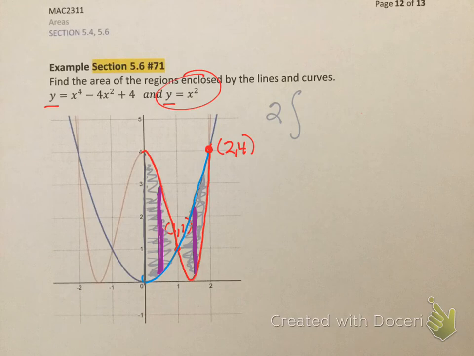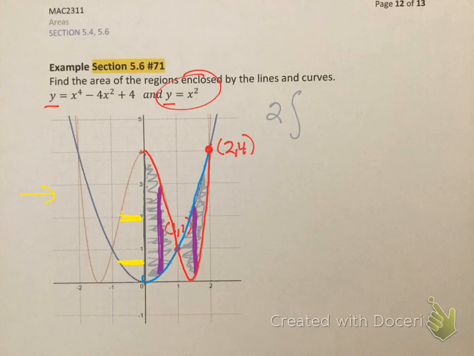So that's one reason why you would want a vertical representative rectangle. Number two, let's think about a horizontal representative rectangle, and I'm going to use this side of my graph over here. If I do a horizontal representative rectangle, I am sliding that thing up and down.